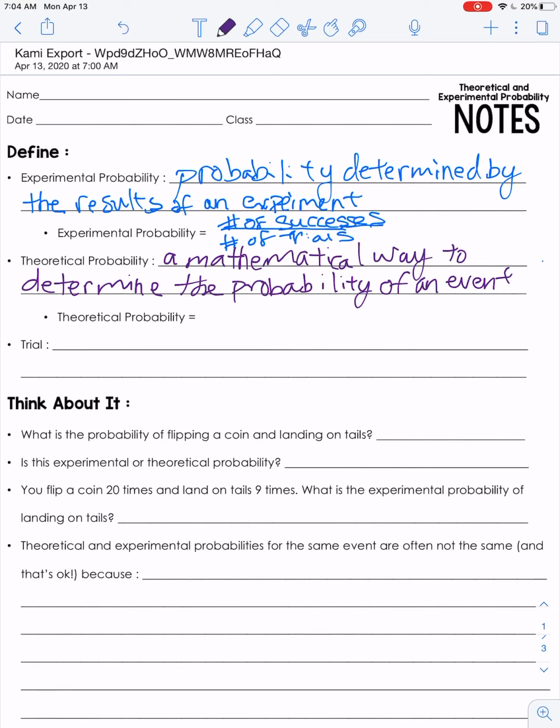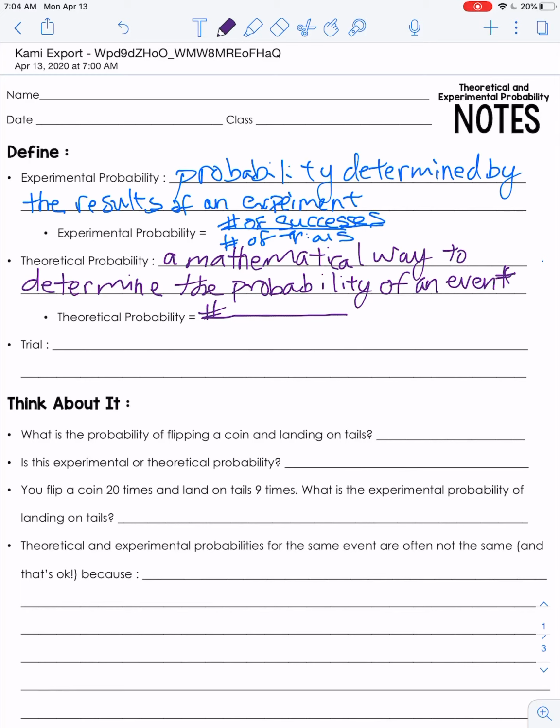So this is the main type of probability that we have worked with so far. We've been doing theoretical probabilities of different types of normal experiments, or our simple probability.